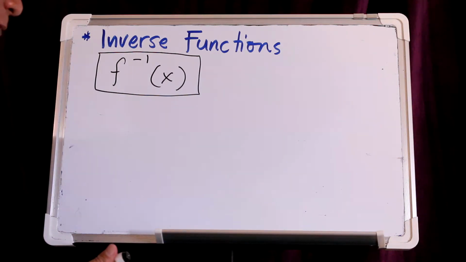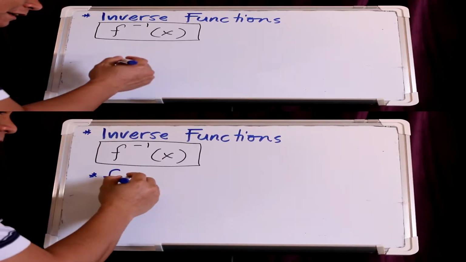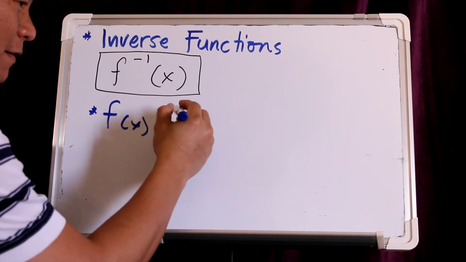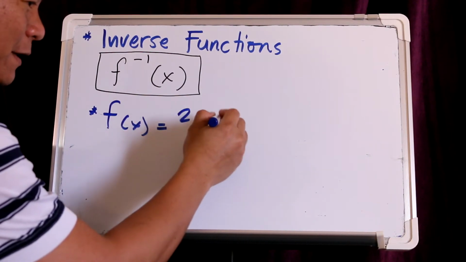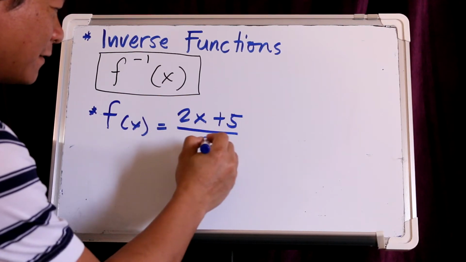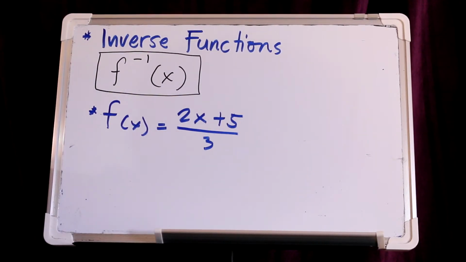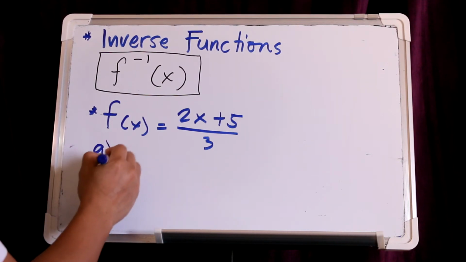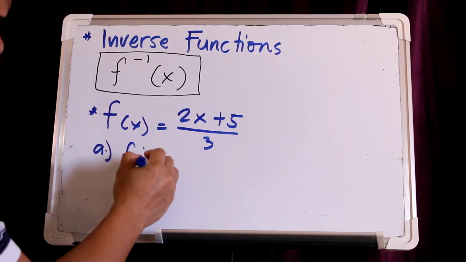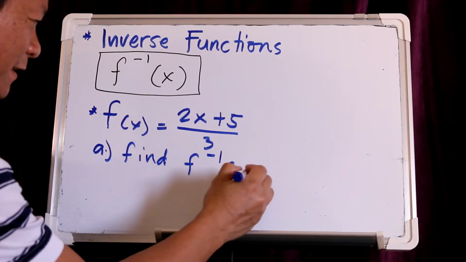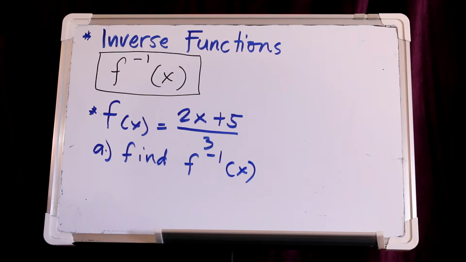So let's say, for example, we have f(x) equals 2x plus 5 divided by 3. And you will be asked to, letter A, find f -1 x. So what to do with this?